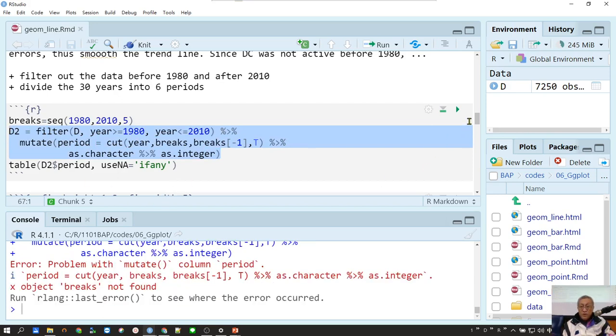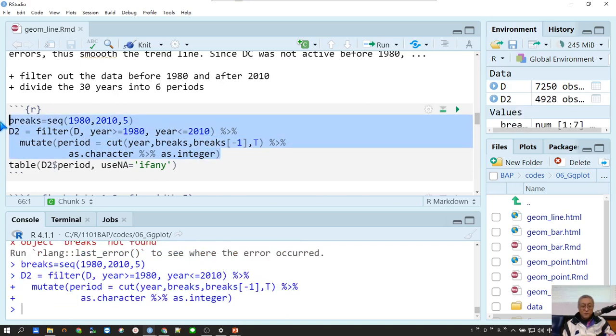Oh, sorry, I should have done this. So I make a new data frame called D2, and within D2, I mutate a period variable. Then this is what it looks like.